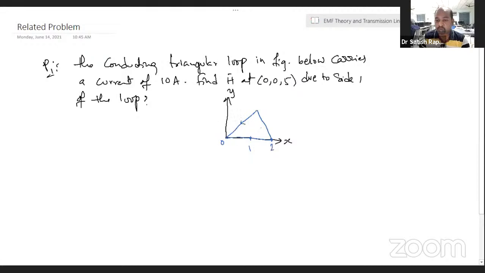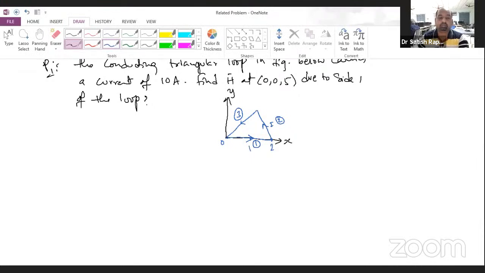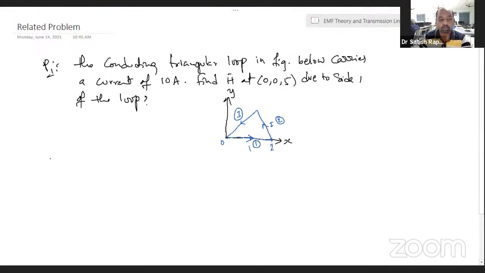So this is a loop, in the sense closed, carries a current I, right? This one is side 1, and this is side 2, and this is side 2, right? So this is the problem. So, solution.